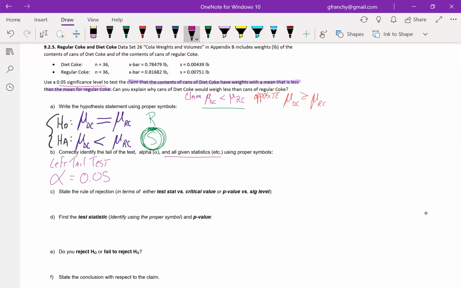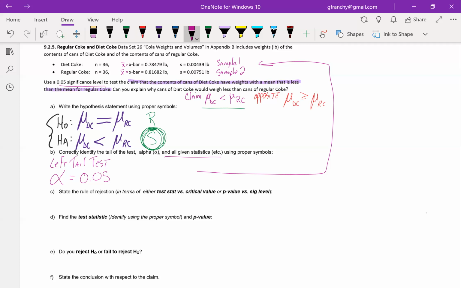What I'm just going to do here is make a note that Diet Coke is sample 1 and regular Coke is sample 2. They've already listed everything out with our proper symbol there, although we could have made those X bars if we wanted to. So there's no point in really writing them again there.